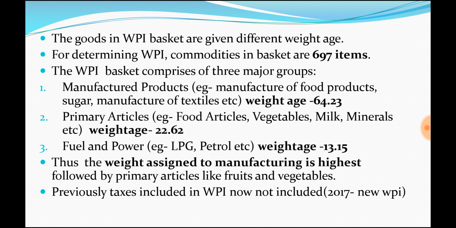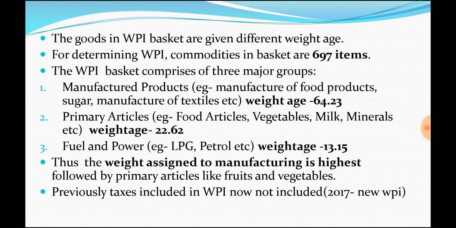Here the 697 items are divided into three major groups. One is manufactured products. The second is primary articles like food articles, vegetables, milk, minerals, etc. And the third is fuel and power. In fact, here the manufactured goods get the most weightage.